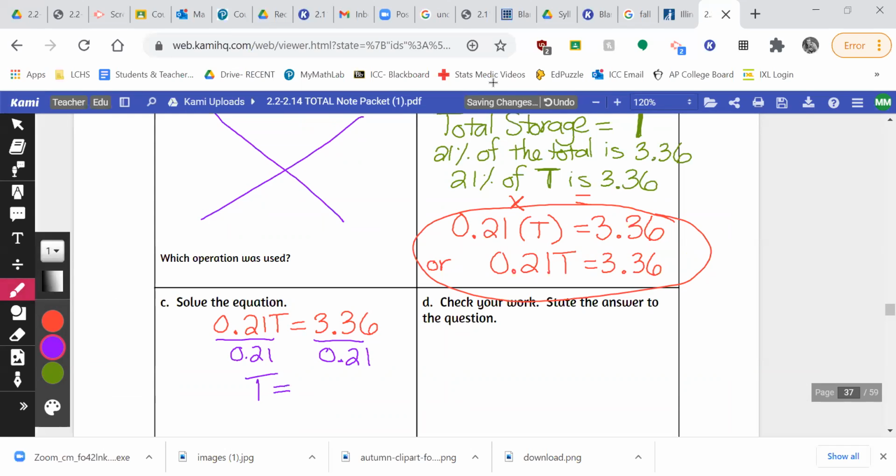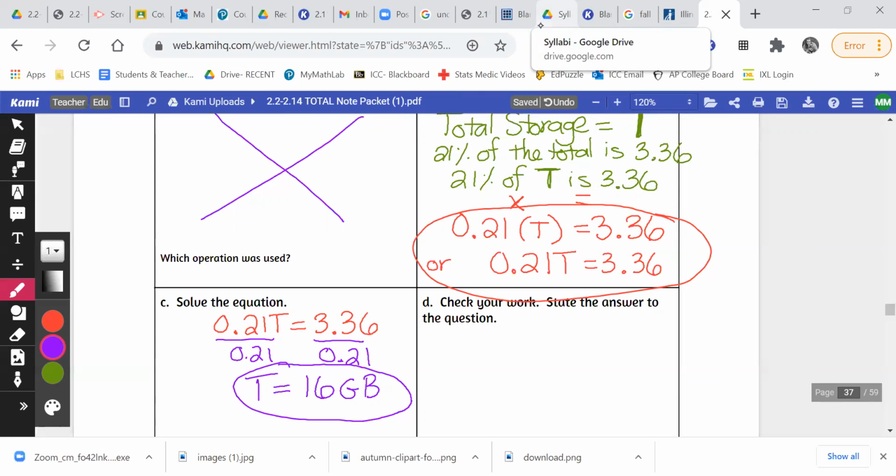And I get exactly 16. And we're going to use our label here. So we have 16 total gigabytes. The last thing I'm going to do is make sure that it makes sense. If 21% is 3.36, then yes, it makes sense that the total amount would be 16.